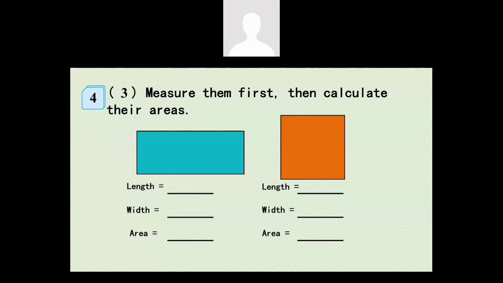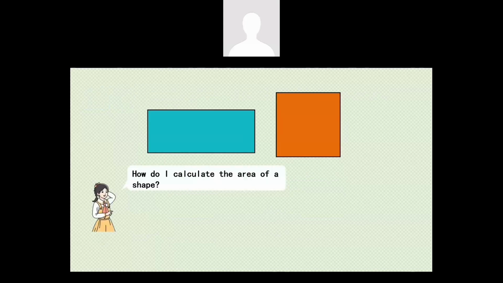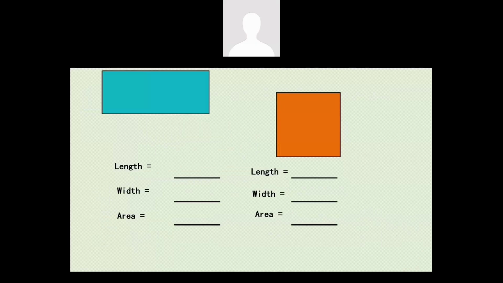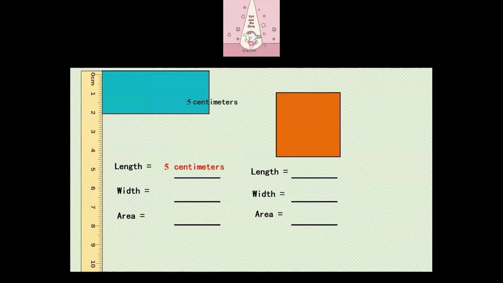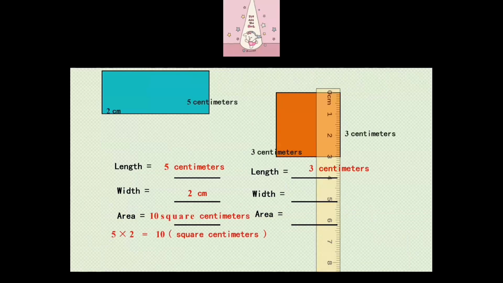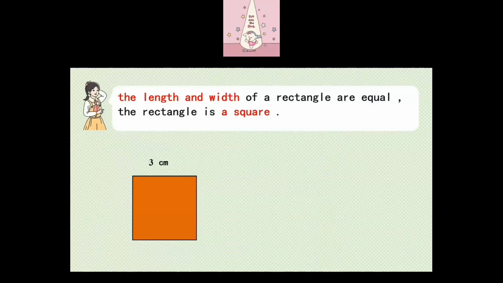Exactly. A rectangle with equal length and width is a square. So what is the area formula for a square? Side times side.